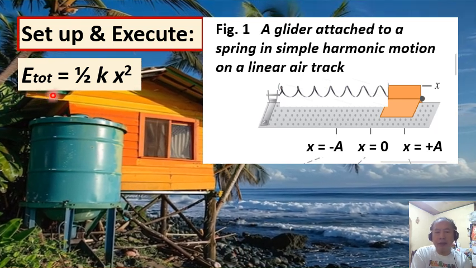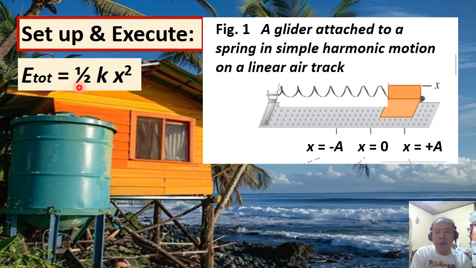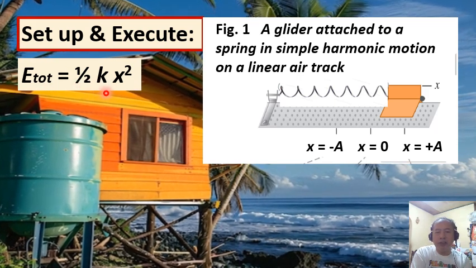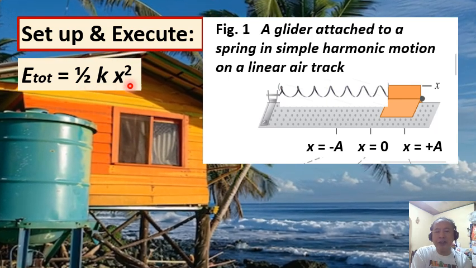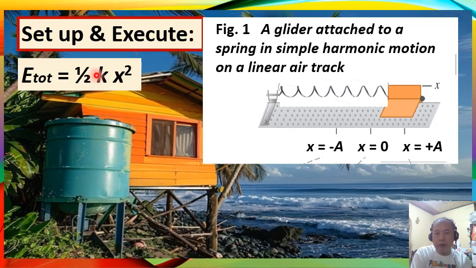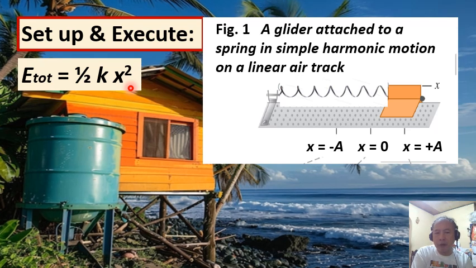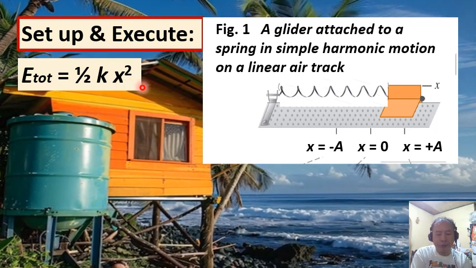The total mechanical energy, or E total, can also be equated to the maximum elastic potential energy of the spring, which is 1/2 times k times the square of the maximum displacement x.